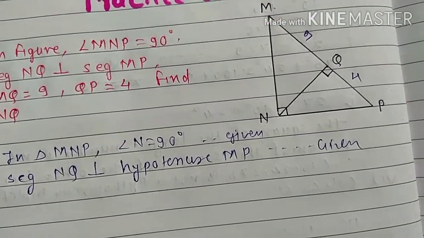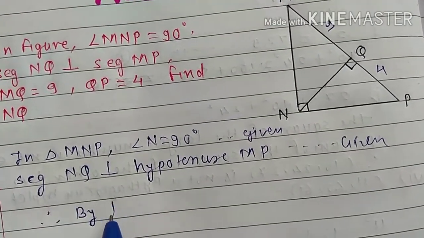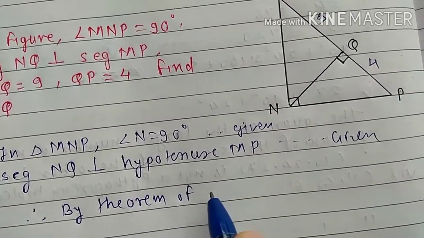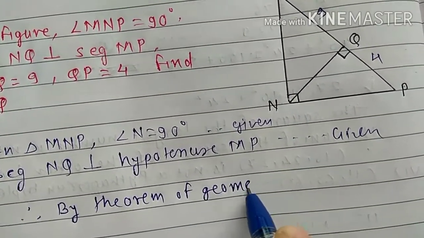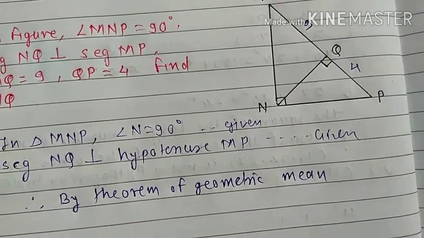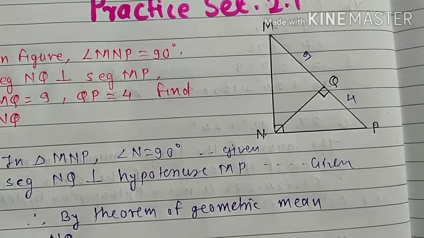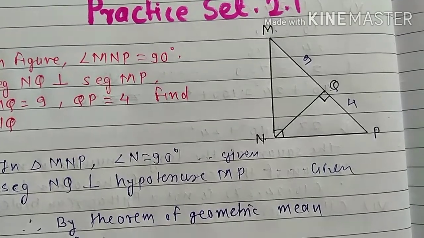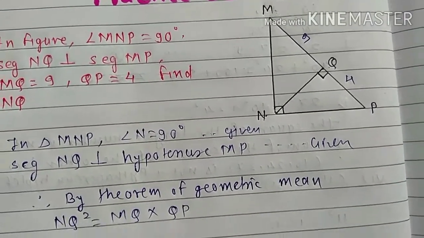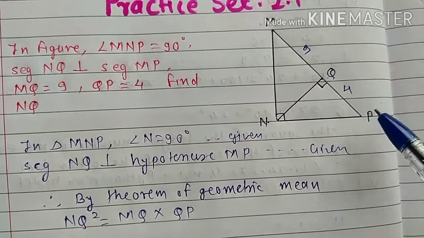So, by the theorem of geometric mean, NQ square is equal to MQ into QP.